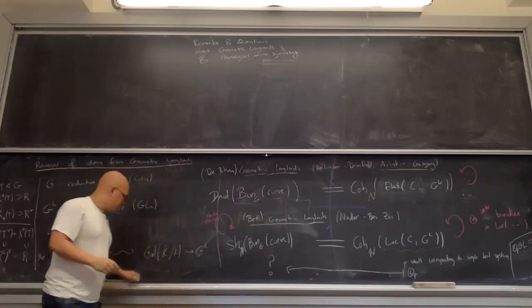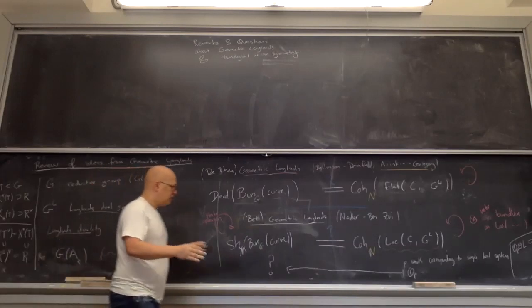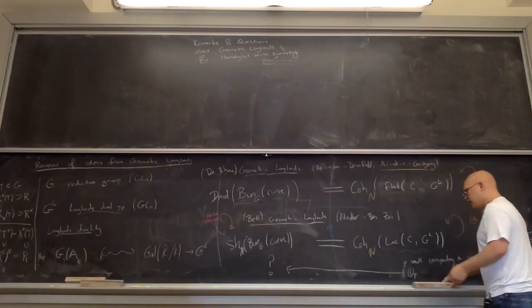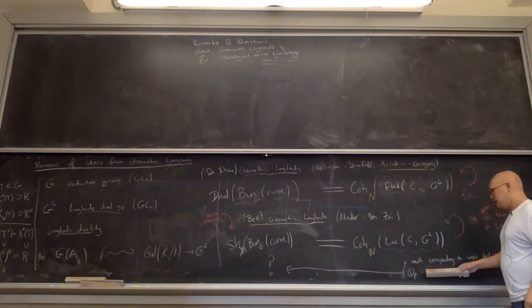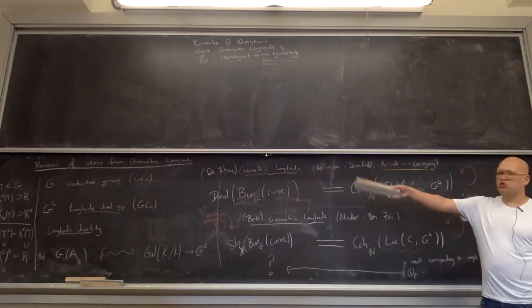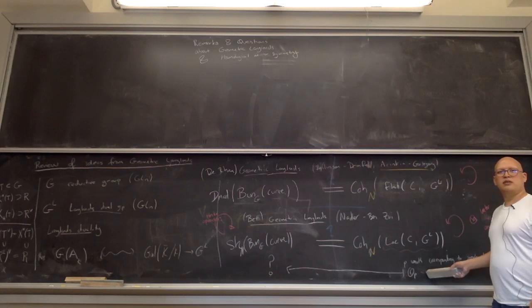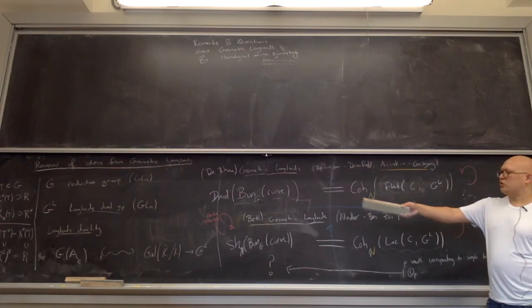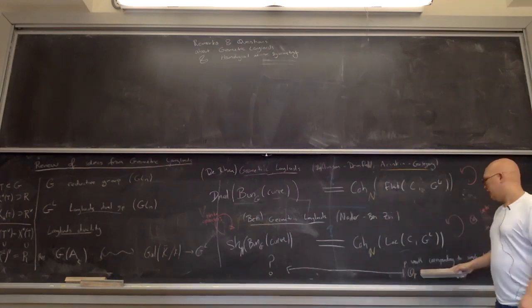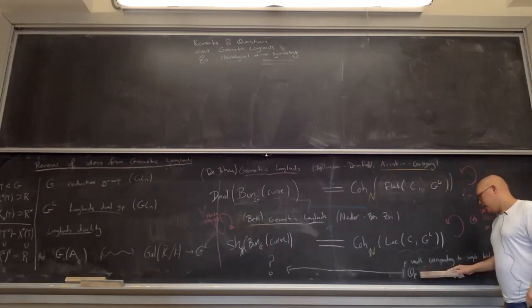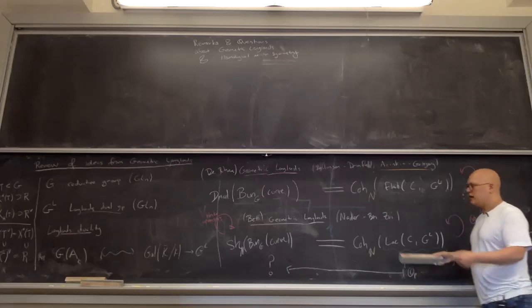So if you believe enough things, this whole business may in the end reduce down to this question. If you go back to the original Langlands program, this was always the question of interest. Take a simple local system, a simple Galois representation, and you ask, what is the corresponding automorphic form? This is the geometric version of that question. So we ask, where does this guy go?